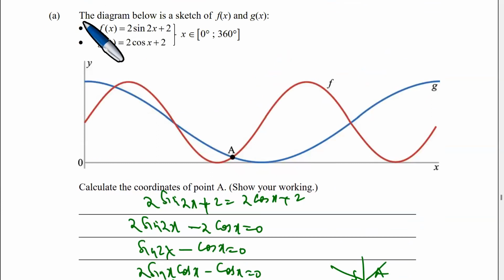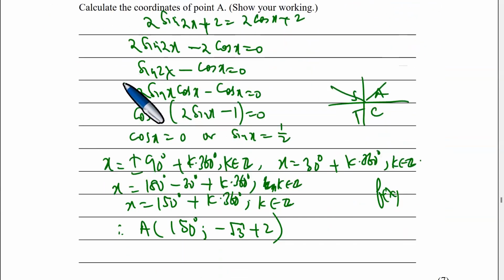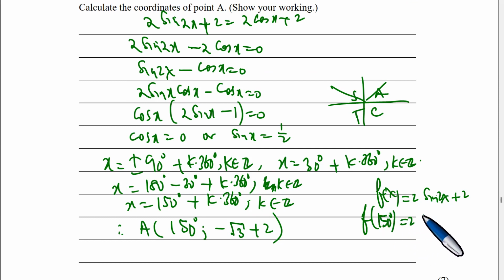It is the 2 sine 2x plus 2 function. f of 150 degrees is 2 the sine of 2 into 150. So 150, 2 the sine of 300 degrees.